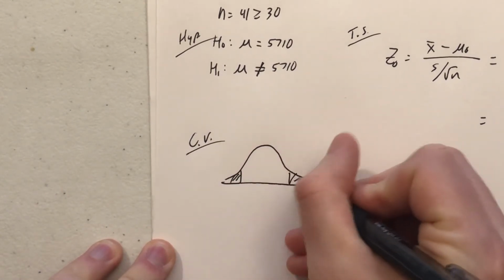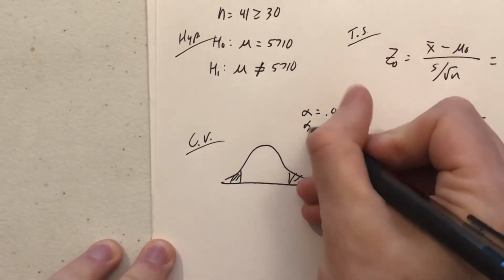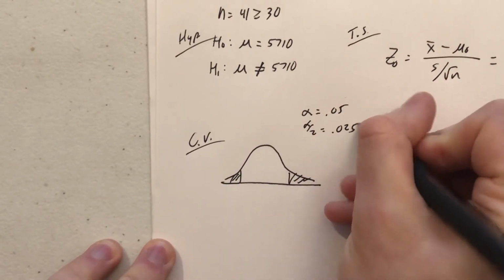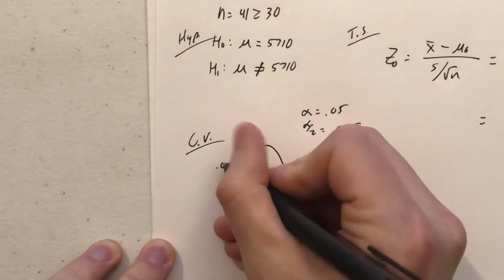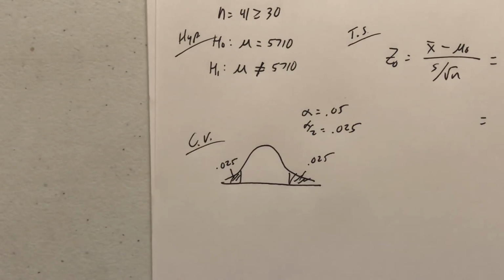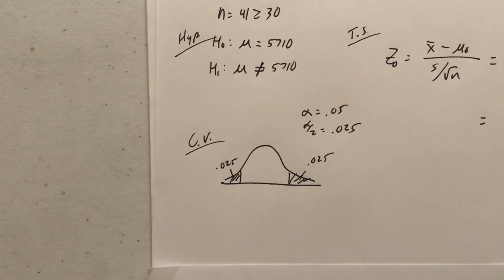To draw that picture, knowing that alpha is 0.05, we know we need half of alpha. We need each of these tails to have an area of 0.025 in them. And so that helps us to know which column of the chart we're going to be looking up.